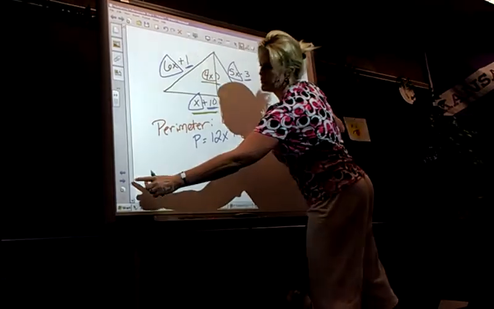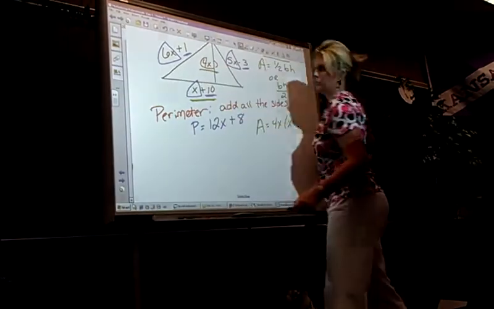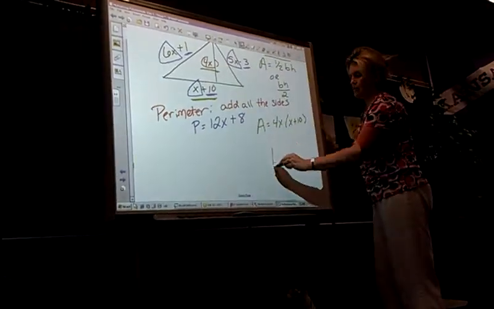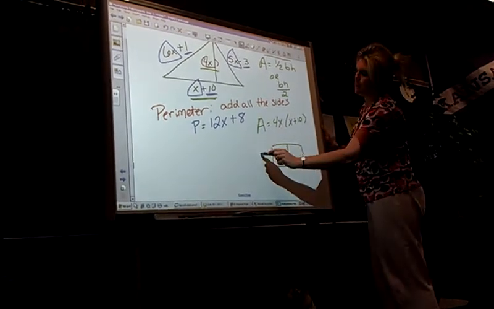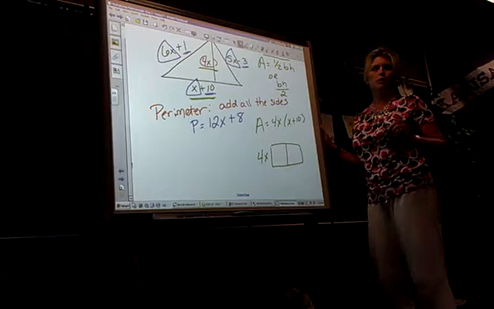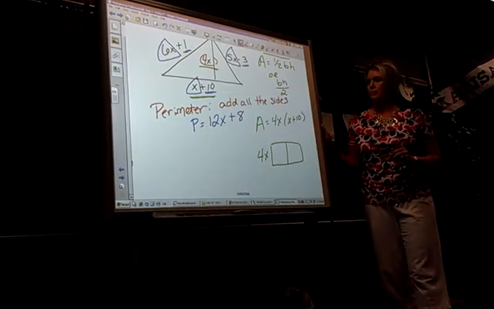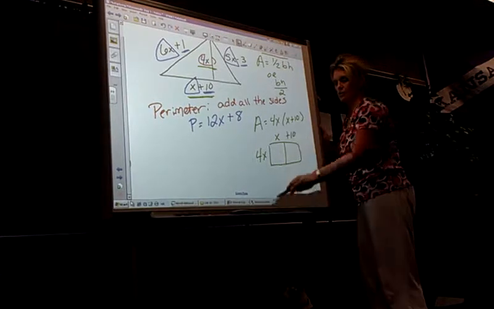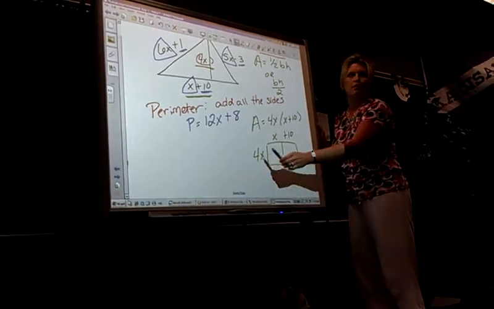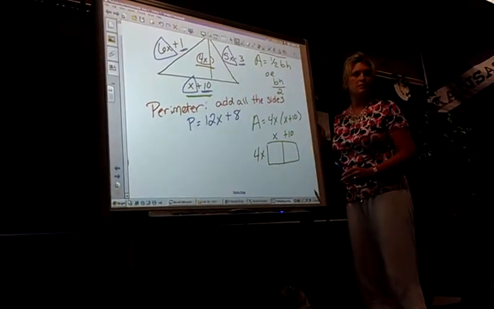So now, let me move this up a little bit. Let's draw a box. Instead of doing the tiles, I'm going to put the 4x here. What goes across the top? X plus 10. There are my factors. 4x times x.